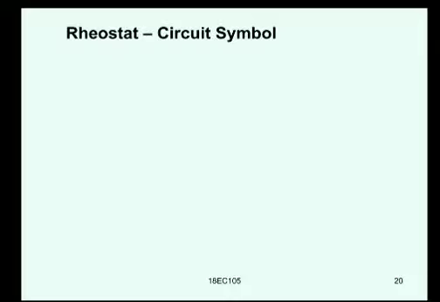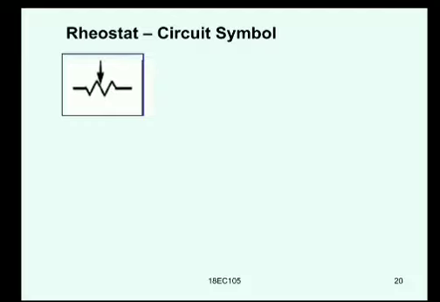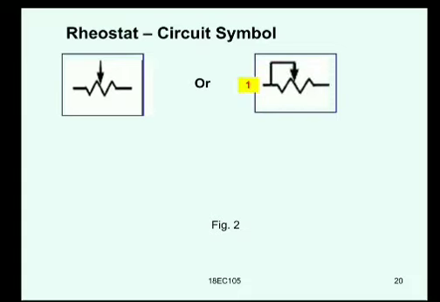Now let us see the circuit symbol of a rheostat and the differences. What is this one? This is a potentiometer. So we can have symbols like this. The first symbol is a potentiometer, and it has terminals 1, 2 and 3. Two ends have fixed value, and the middle is a wiper, which is a variable tapping.